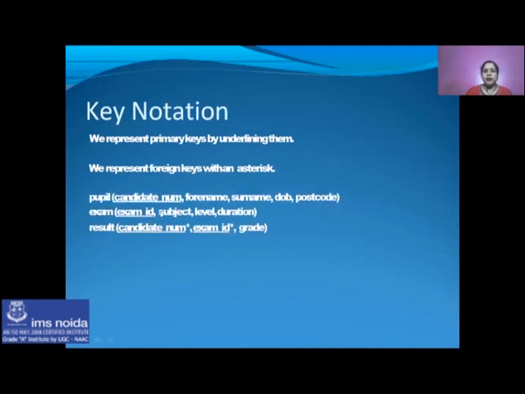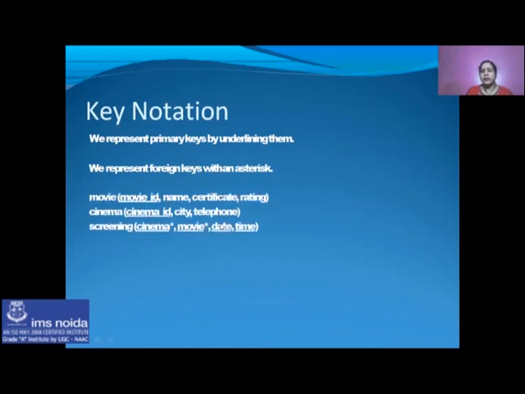But in this case, this ID is marked with an asterisk, which means it is a foreign key. So whenever there is an asterisk mentioned here, it is considered a foreign key, which is a reference to the master table.